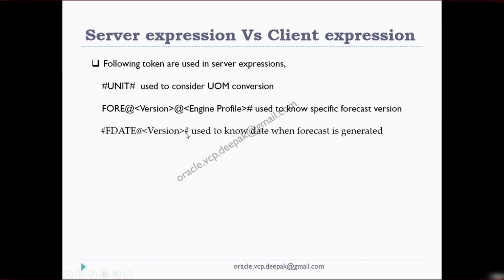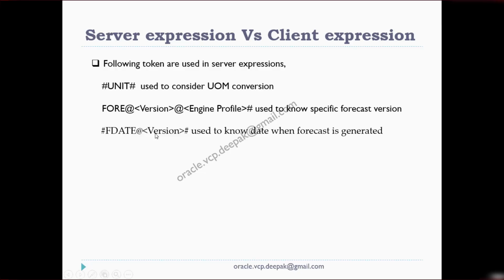Okay, and now you want to know when this forecast was generated. What is the forecast run date or the engine run date? Then you can use this fdate -version. So if you mention the 1, then it will tell you, okay, that particular forecast was generated 1 month back, for example, somewhere in December or Jan.